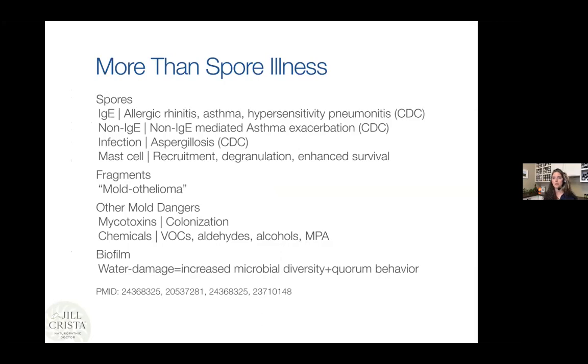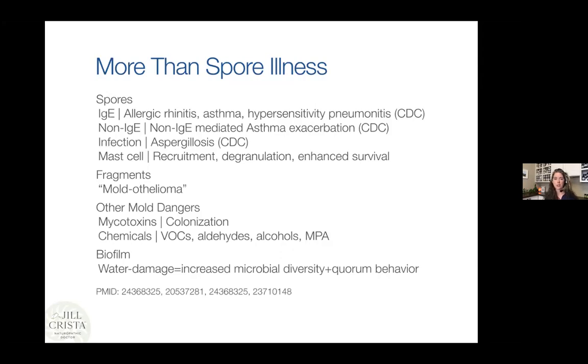So mold is far more than what I call spore illness. If you look at the CDC's website, their definition of mold illness pretty much sticks around on the things that have to do with interaction with spores. And we're pretty familiar with these. These are IgE-based reactions and actually non-IgE-based reactions that cause things like allergic rhinitis.